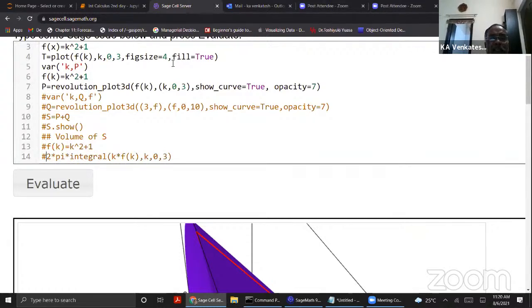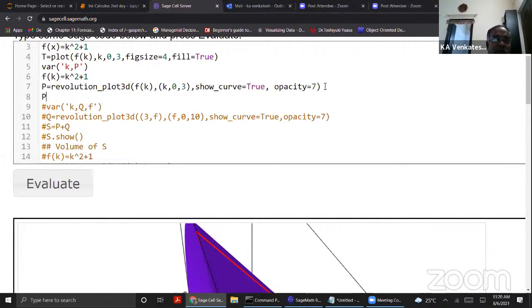First, we are just seeing how this graph looks now. I want to see P also, therefore I have to put P. Otherwise, now we have P. I'll put this also, T. This is not required, right?